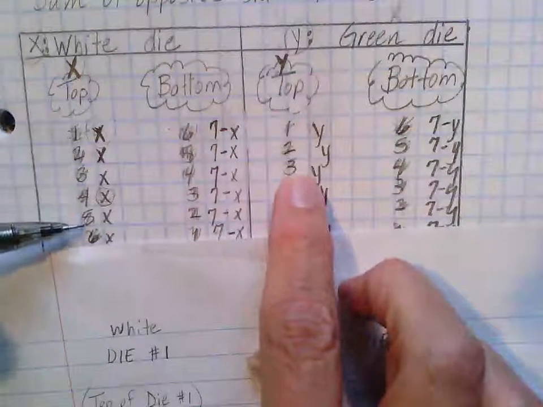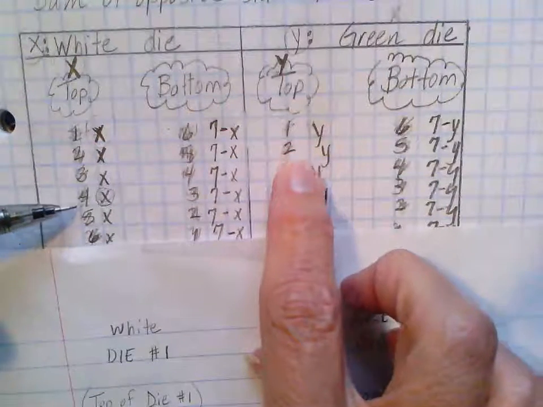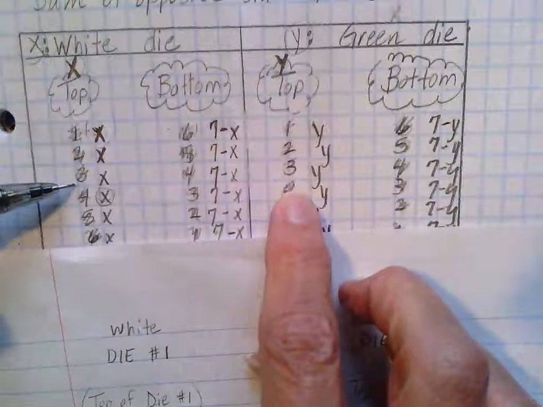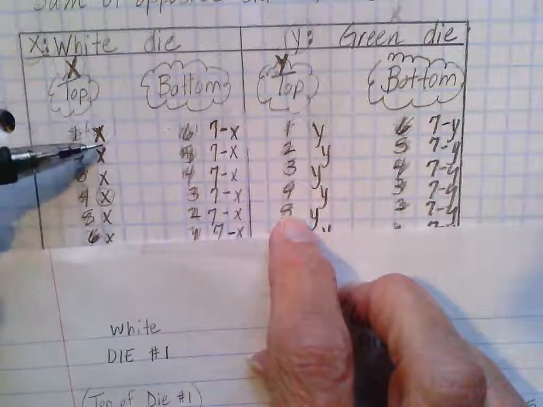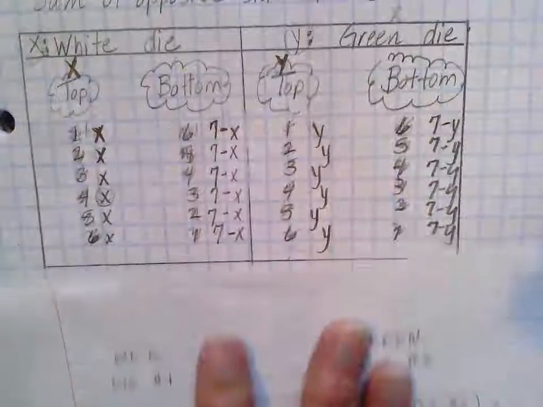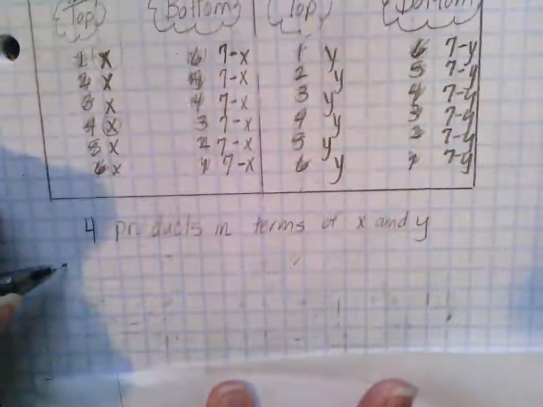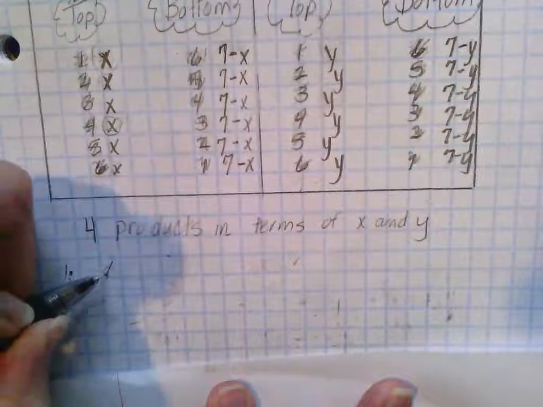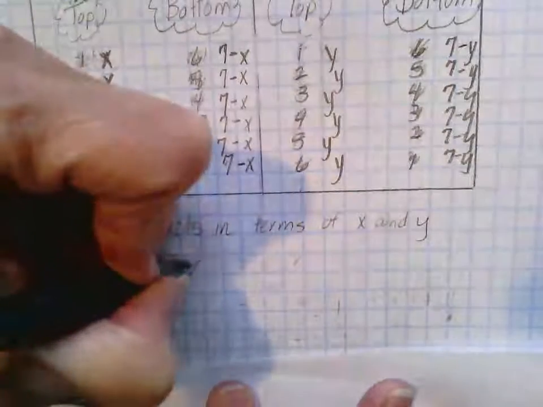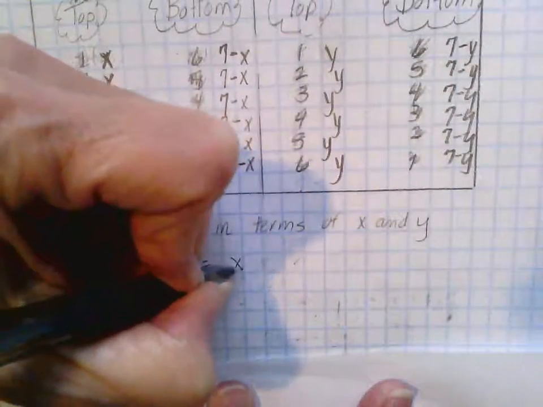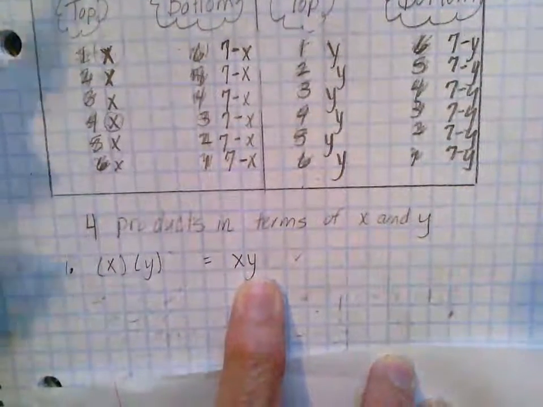Remember, we're only looking at the top now. 1 and 6, 2 and 5, 3 and 4, 3 and 3, and so on. So that means we're always going to be multiplying X times Y. So down here, I'm going to write my first step, X times Y, and that's going to equal XY. This is my product in algebraic terms.